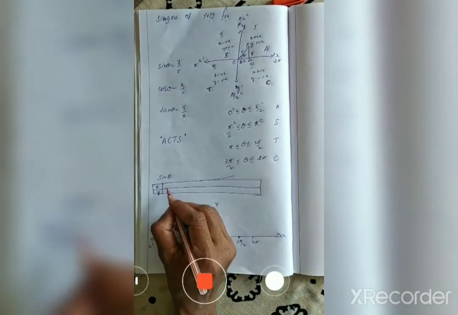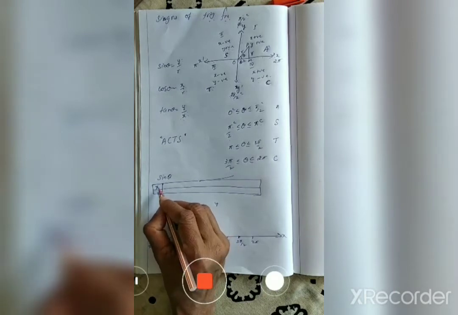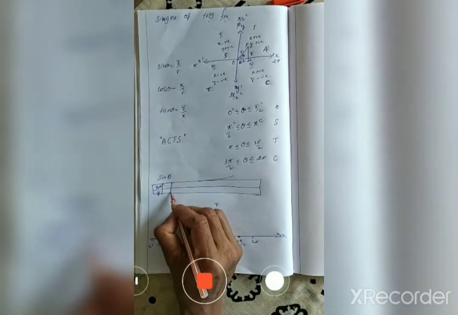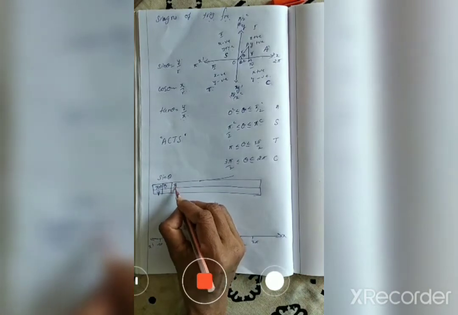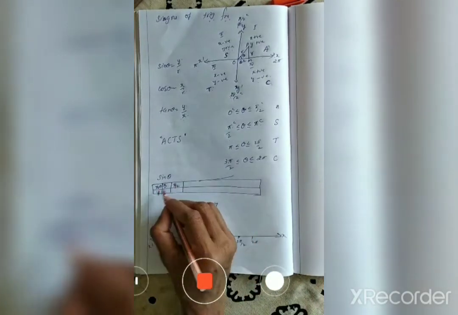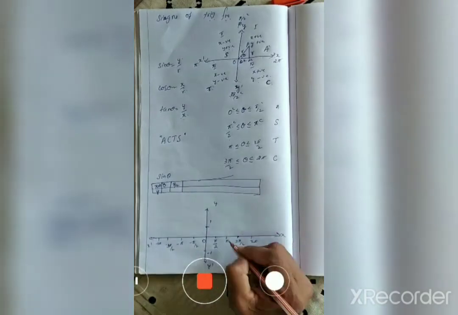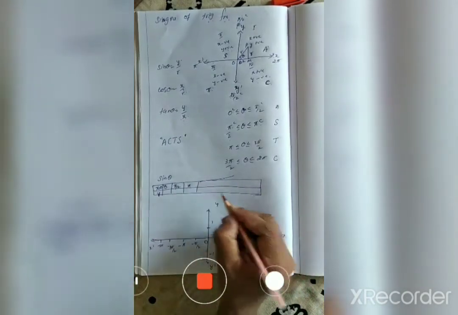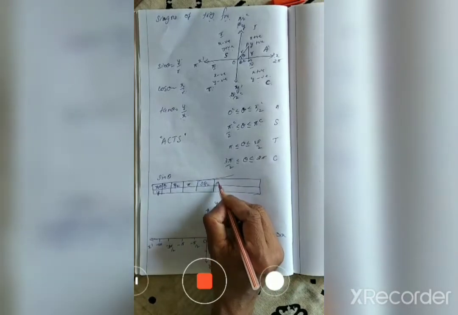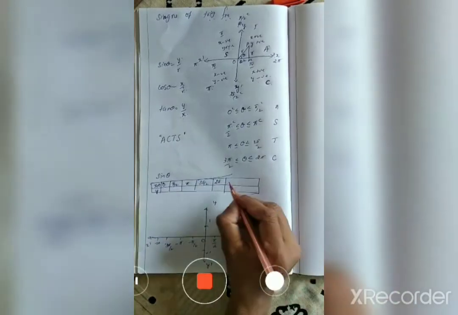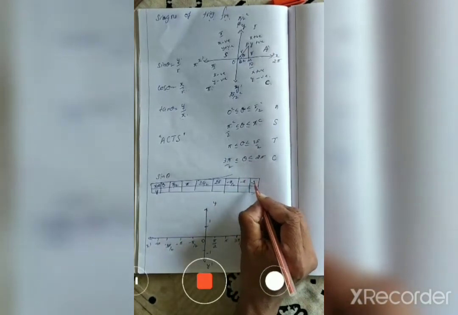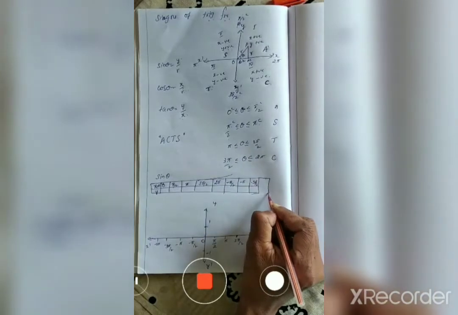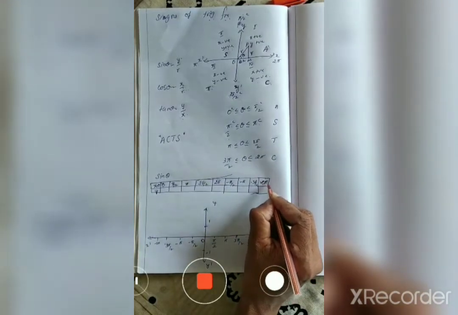On x-axis, we are giving the values of theta, starting from 0 degree, 0 radians, pi by 2 radians, next pi, next 3 pi by 2, 2 pi, negative angles minus pi by 2, minus pi, minus 3 pi by 2 and minus 2 pi.